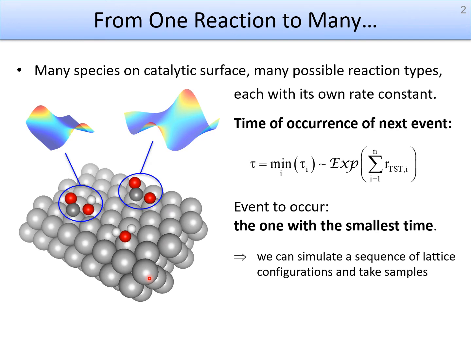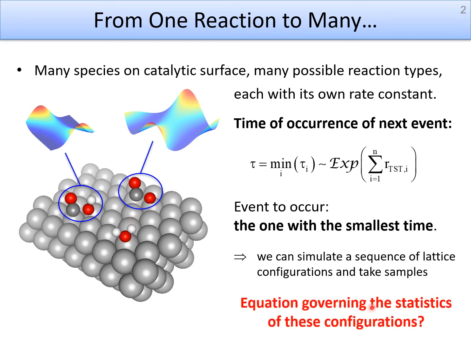I can either generate new random times or reuse some random times from previous calculations, and then simulate again the most imminent event that can happen, and so on and so forth. So in the end, after I do this many times, I can simulate this sequence of lattice configurations and take samples that I can then post-process to answer questions like what is the average coverage of an adsorbate, or what is the rate by which some adsorbates get converted into other intermediates, etc.